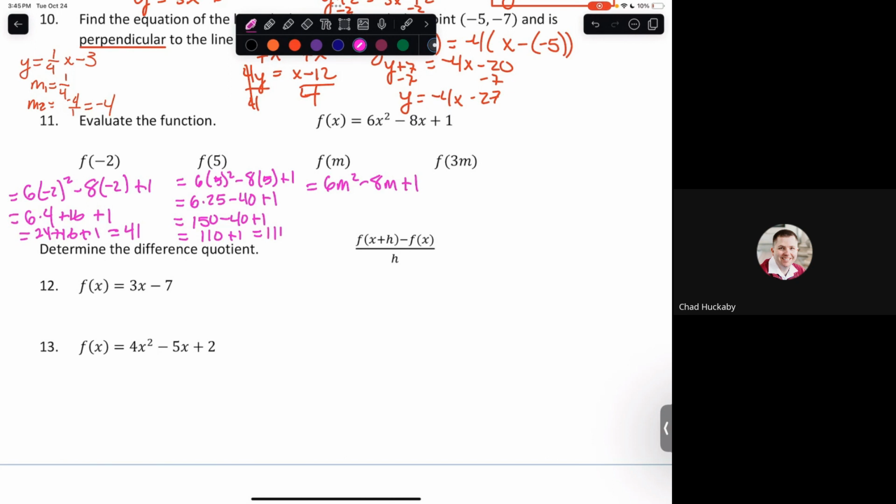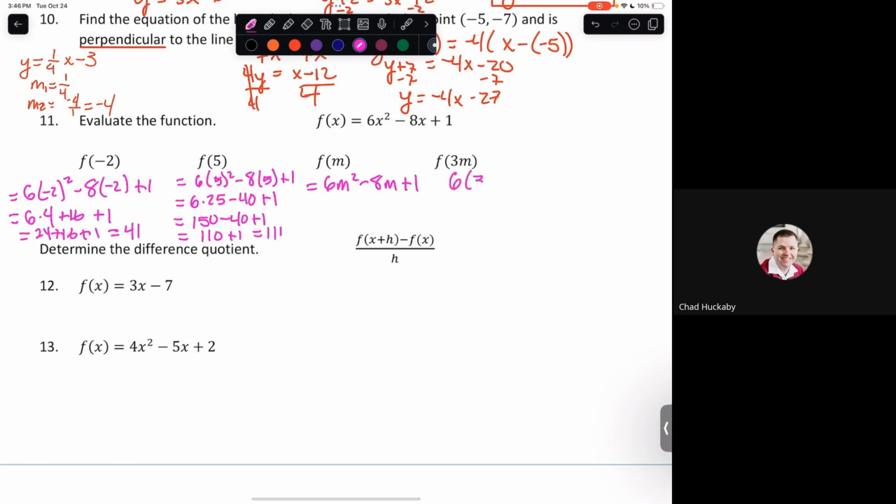What about f of 3m? Well, we just plug in 3m everywhere we see x.